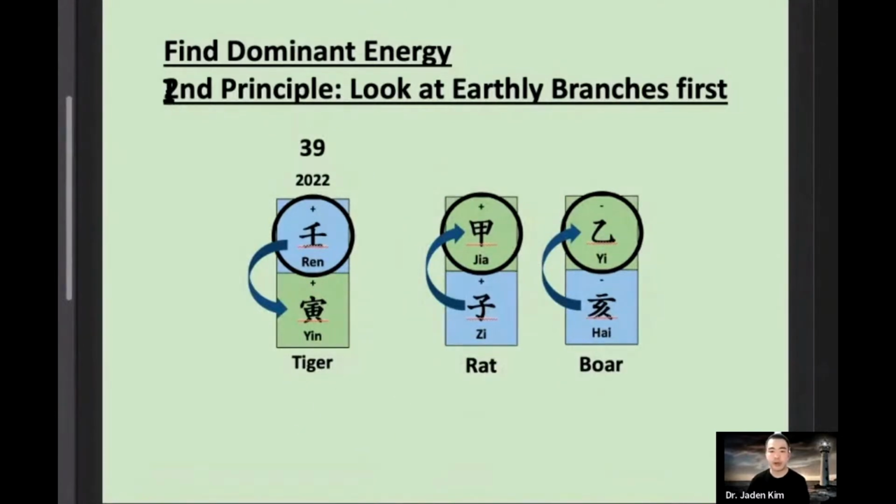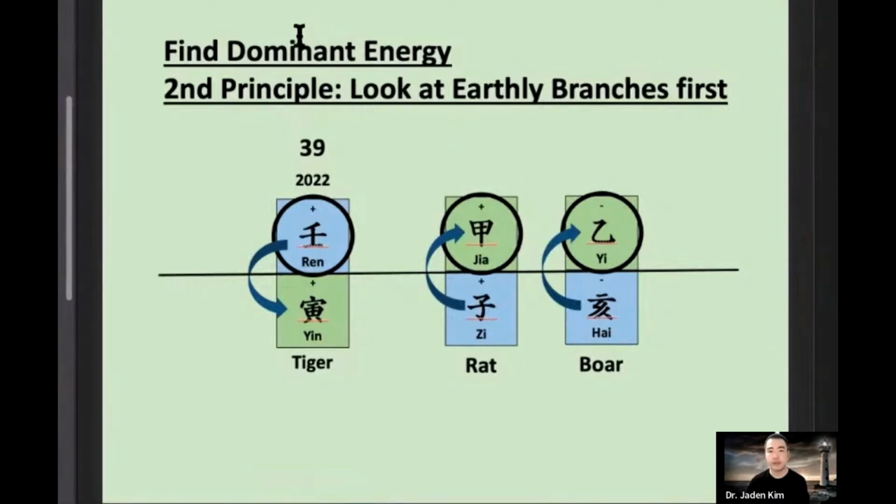That's why I set up the second principle: look at the earthly branches first. Again, it is not 100% true for every case, but most of the time I just look at the earthly branch, and it is okay to say the earthly branch is the dominant energy for now.